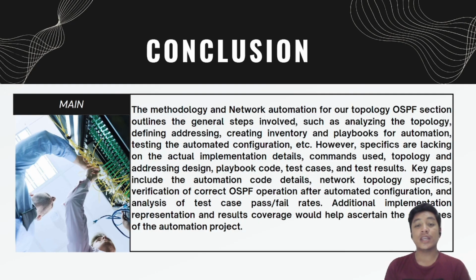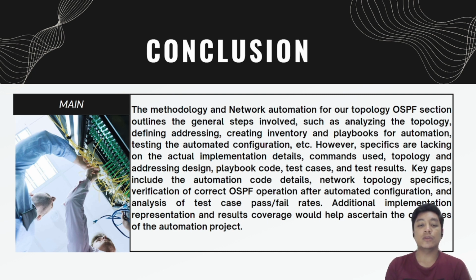So lastly, the conclusion. The methodology and network automation for our topology OSPF section outlines the general steps involved, such as analyzing the topology, defining the addressing, creating inventory and playbooks for automation, and testing the automated configuration. However, specifics are lacking on the actual implementation details, command usage, topology and addressing design, playbook code, test cases, and test results.